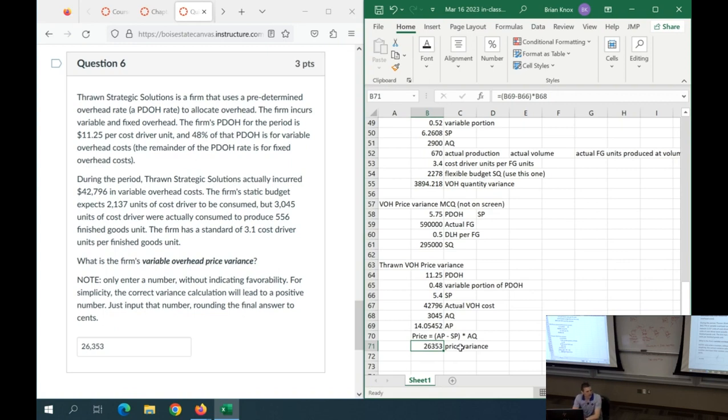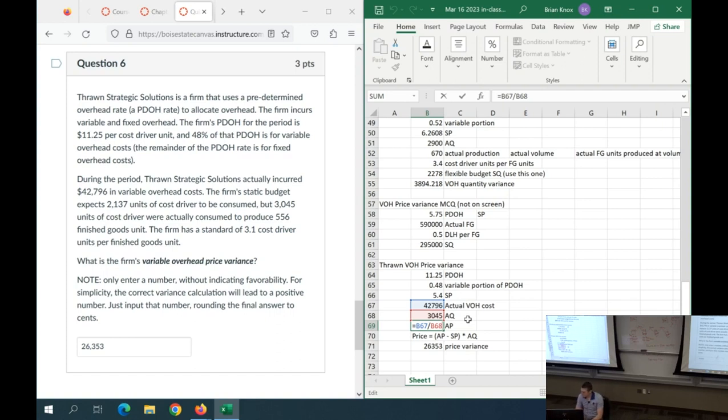Okay. Yeah, LT. So we did 369 minus 866. Yes, yes. So we got 369 by dividing actual cost by actual quantity. Yep, exactly. Yeah, we did.